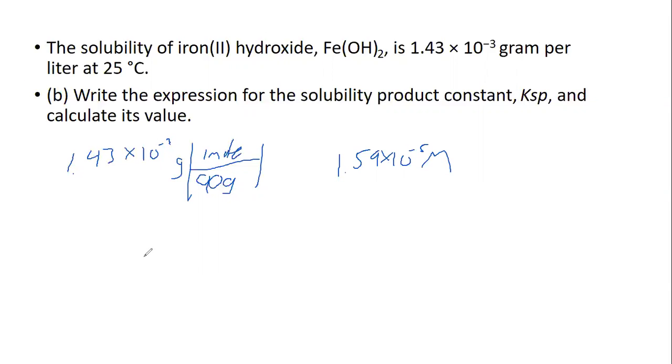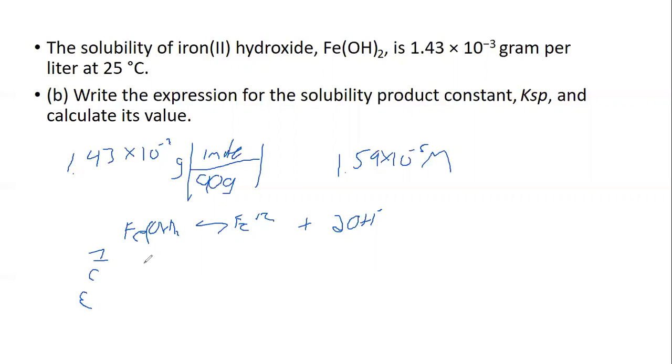To solve for the KSP part, we know it's an ICE problem, right? So we start with iron hydroxide. We have our equation: Fe +2 plus 2 OH minus. There you go, ICE.